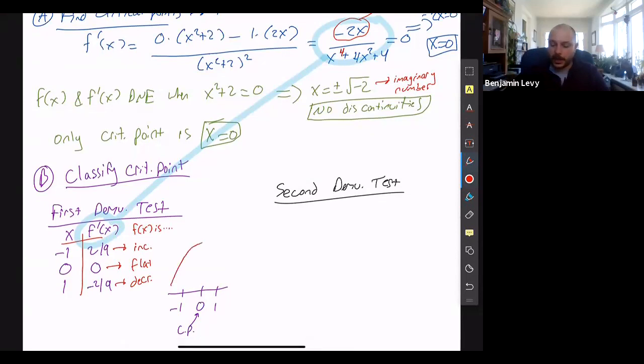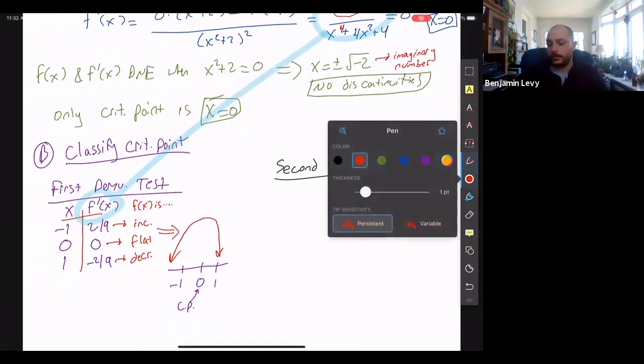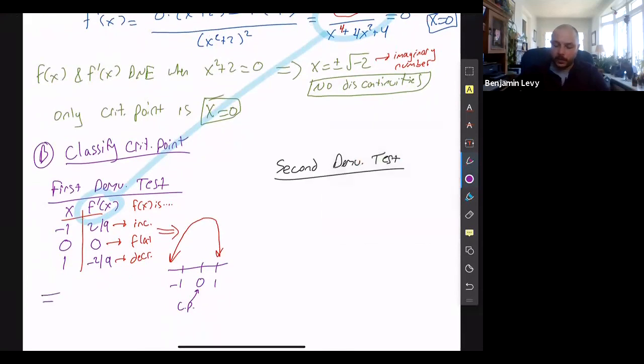Flat means it flattens out. Decrease means it goes down. If we apply what we just learned here, we visually see we have a maximum at 0. Based on all this information, x equals 0 is a max. And we just classified it using the first derivative.